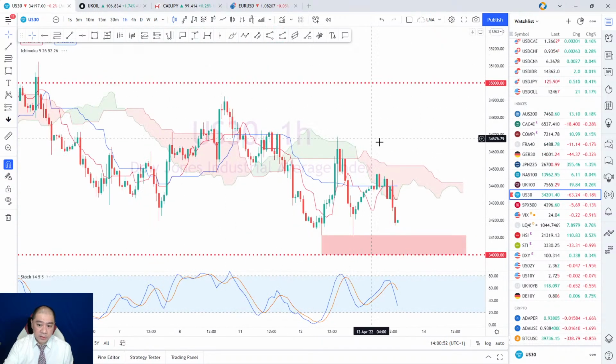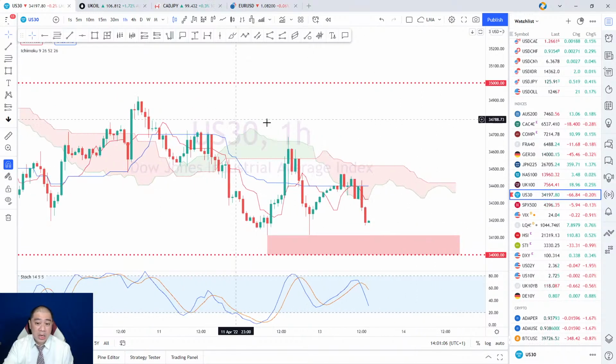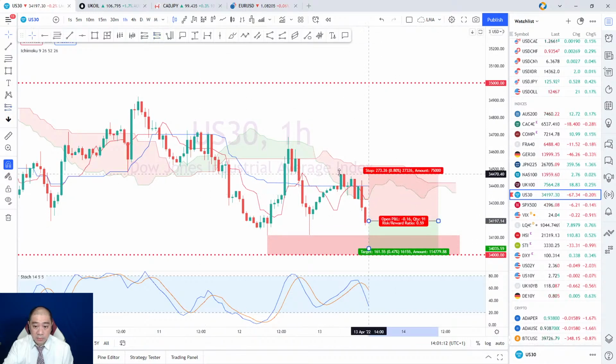So yeah, if you take a look at this one here, I don't want to go short US 30. I'll be looking to go long around a 34,000, 34,100 bounce. But if you do want to go short, it's your choice, right? You are pretty far from your stop losses, because if you go short right now, your stop loss is going to be here and your target is just going to be there.